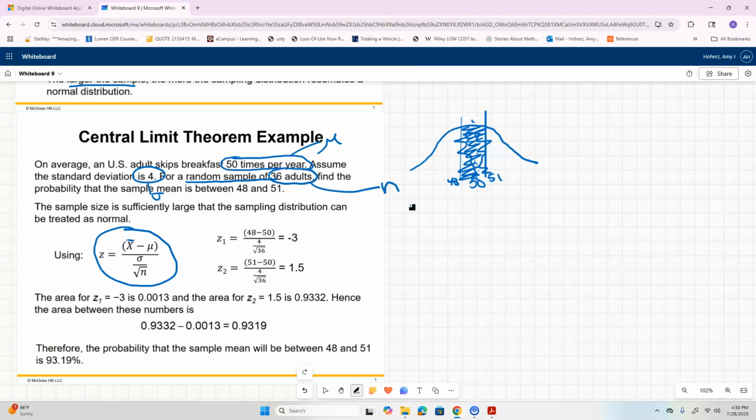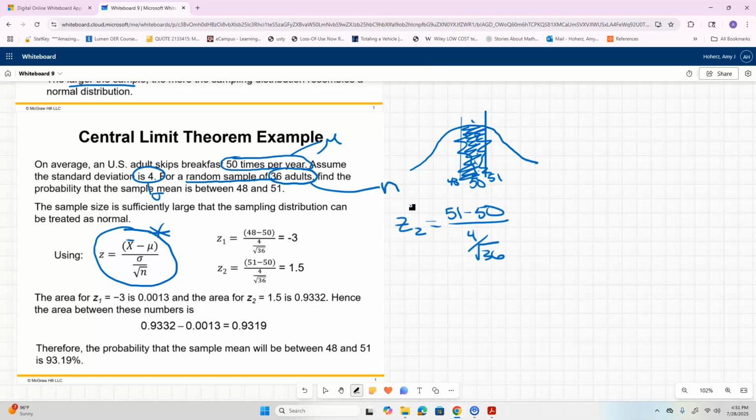Because this is a between, I'm going to have to find two different values. So do our Z2, which is the 51. I always like to do the bigger one first. So we have 51 minus 50 over sigma, which is 4, over the square root of n, which is 36.